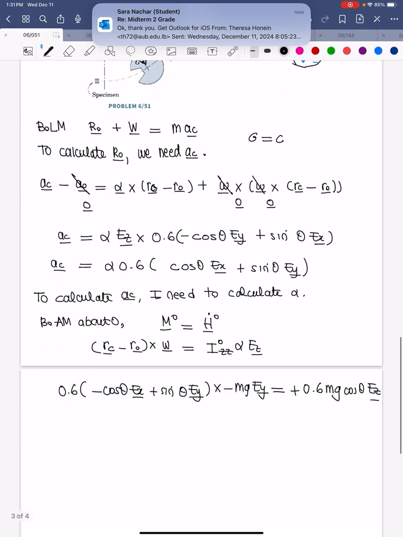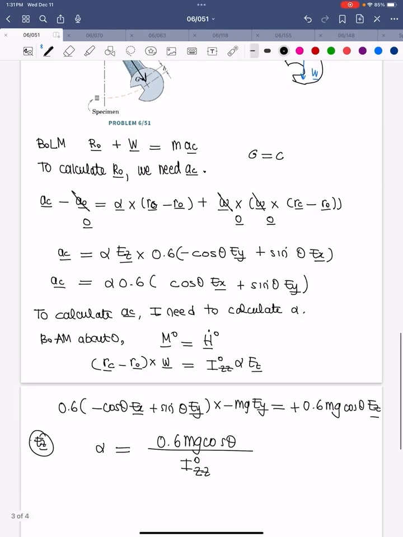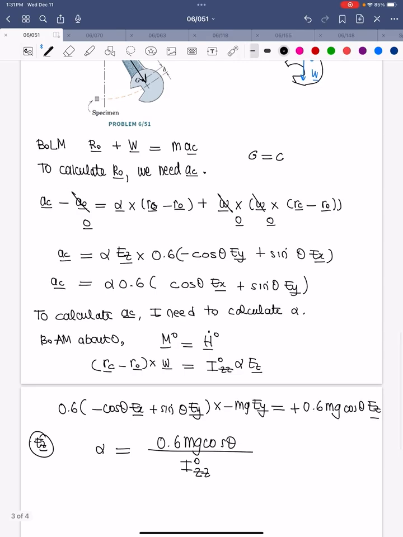Plugging into the balance of angular momentum and dotting with EZ, we get that alpha is equal to 0.6 mg cosine theta over IOZZ. Remember IOZZ we know in terms of the radius of gyration.